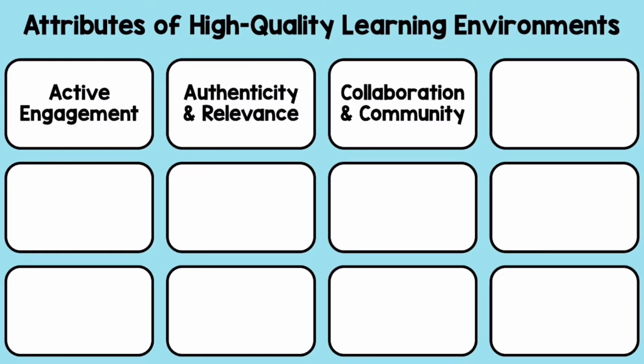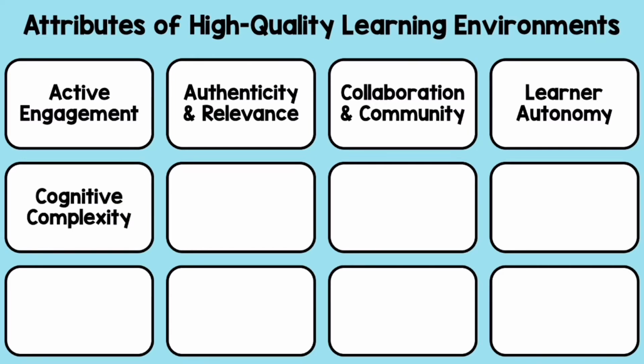Someone observing a learning environment that is of high quality will witness collaboration and a sense of fraternity and community. One would see learner autonomy, students taking charge of their learning, taking ownership of it. Rigor is very important, and it is often seen in high-quality learning environments.